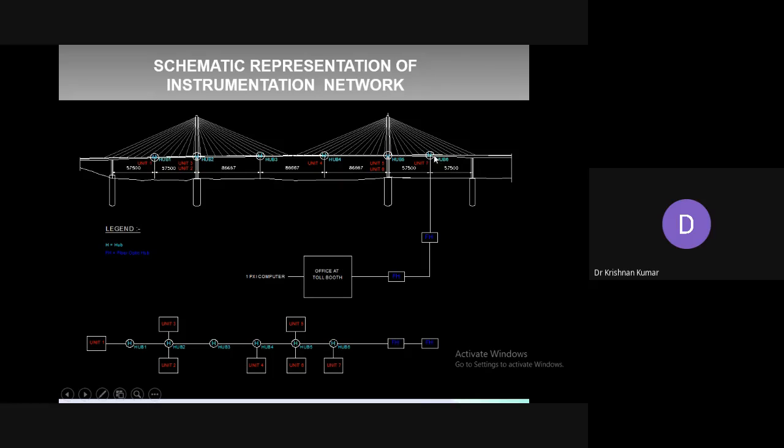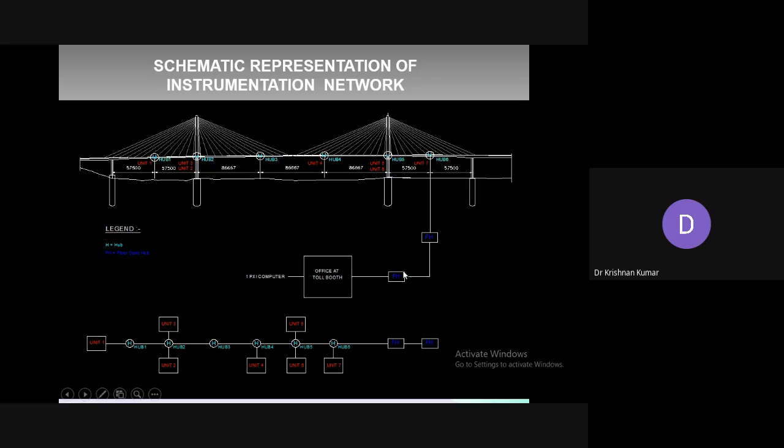Then at the last, at the 7th unit, we placed the fiber optic hub. Its duty is changing the normal hub signal to fiber optic signal. Then from the fiber optic signal, it is coming to the nearest control room, which is 2 kilometers away from the bridge.